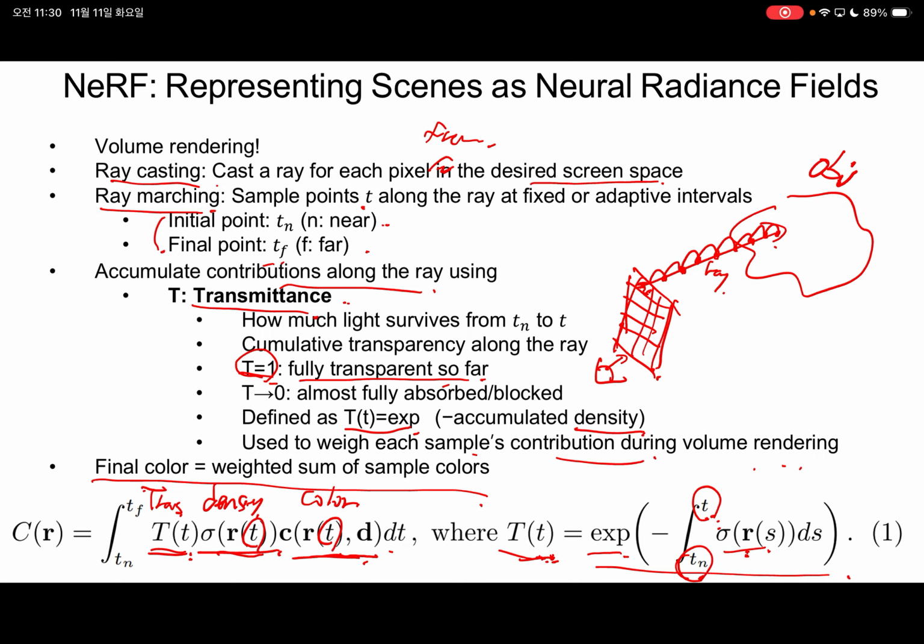And then for adaptive or fixed intervals, we keep calculating this. And once we meet a termination condition, for example, if T is very small, close to 0, then we stop the ray marching for that pixel. That is how we can get color or any other features in the screen space using volume rendering.